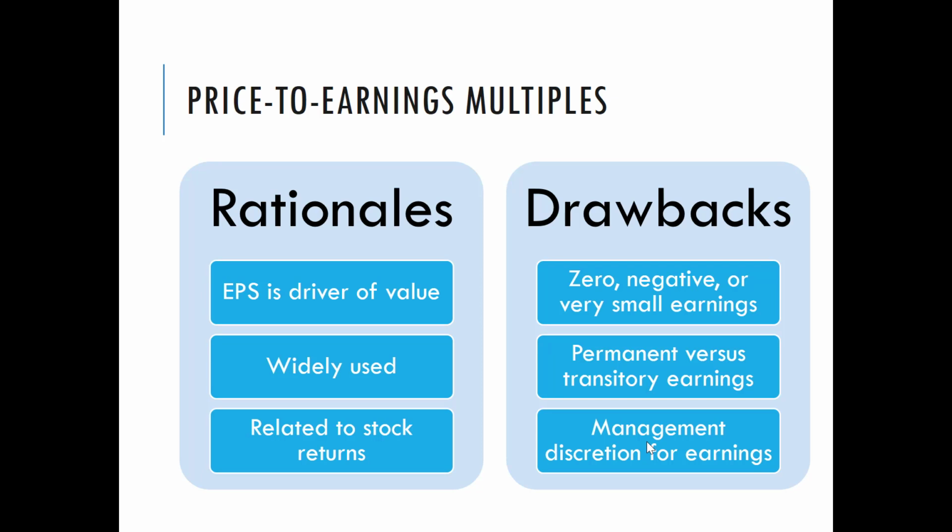Because everybody's obsessed with it, it stands to reason that we should look at earnings as a multiple measure, in the sense that we can value a firm as a multiple of its earnings since everybody's so obsessed with earnings. So the general idea is really that earnings per share or profits is a driver of value. It's widely used by the financial press.